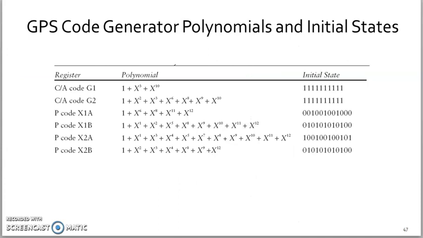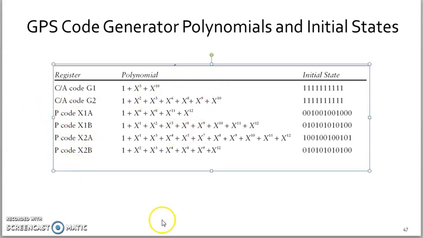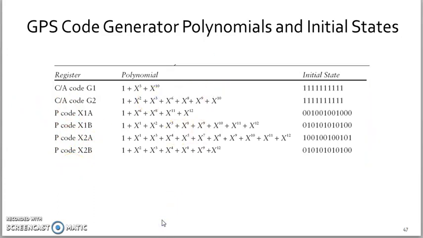This GPS code generator has its polynomial and the initial state for G1, G2 and X1A, X1B, X2A and X2B. They give the polynomial and the initial code to generate the P code and the C/A code. This is for your GPS code generator polynomial and its sequence.